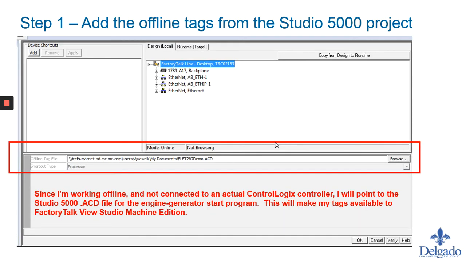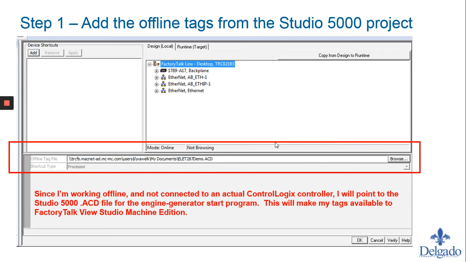This shows a little bit better zoomed in. I'm giving it the path. The name of the ACD file, which is the Studio 5000 file, was ELET 287 demo. That was my ladder logic from part 1 of this virtual lab.